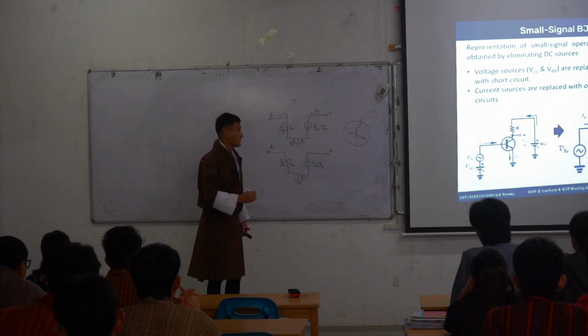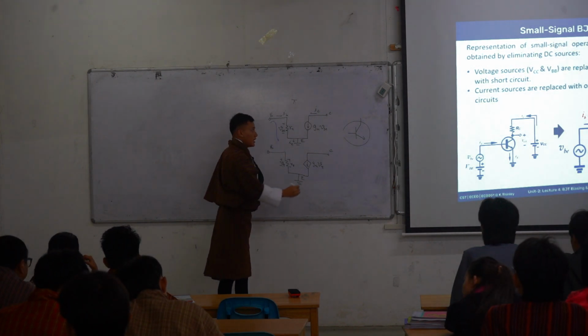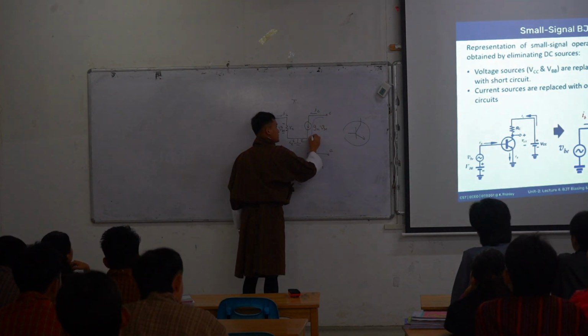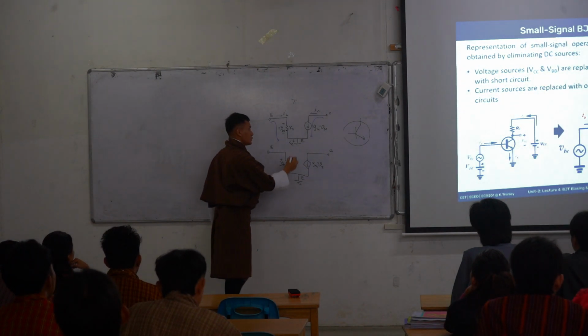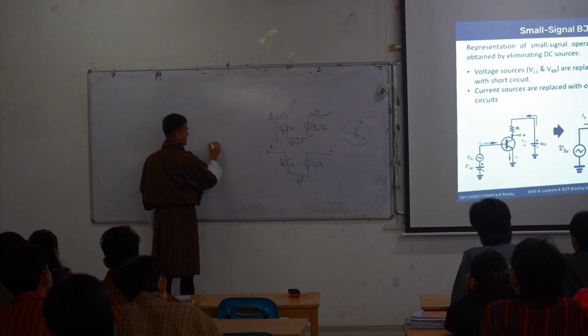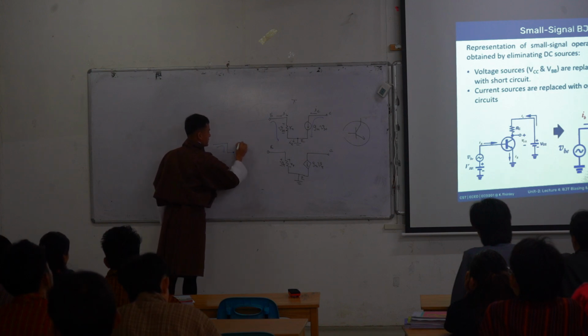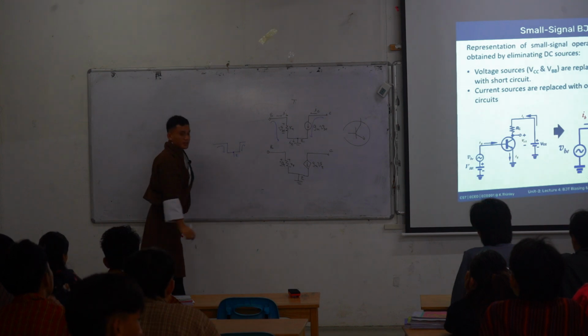This is the direction of your small letter ib, and this is the direction of your small letter ic, and this is one node. One current is coming like this, one current is coming like this, and the total current is going from here.